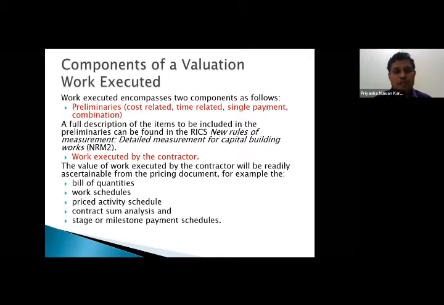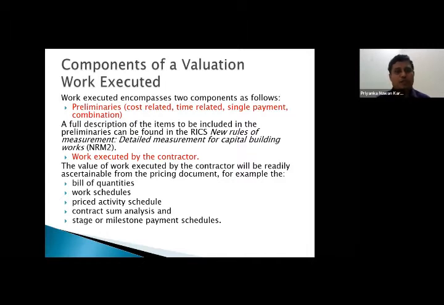Therefore, whether a preliminary item is a cost-related item, a time-related item, a single payment, or a combination of these has to be decided, subdivided, and agreed prior to commencement of the contract, for better contract administration.